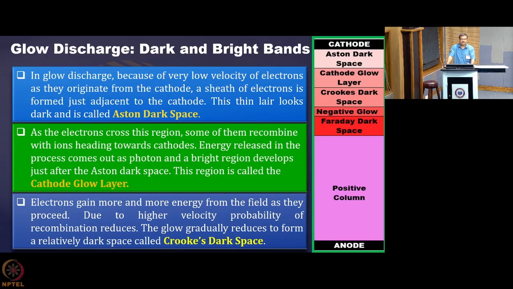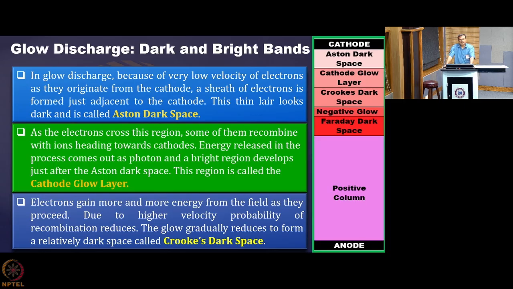There are dark and bright bands which are seen in glow discharge, and we are trying to understand what they are and how they are formed. We said that there are the Aston dark space, the cathode glow layer and the Crookes dark space. They appear because just immediately after the emission, the electrons form a layer just adjacent to the cathode, and a seed of electrons is formed there.